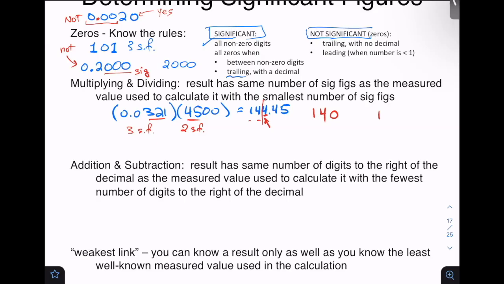But I don't write it with a decimal point, because what happens if I do? Now all of those trailing zeros are significant because there's a decimal place there. That means that this measurement is really sensitive down to plus or minus 0.01, whatever the units are, when really it's going to be plus or minus 10, because there's a lot more uncertainty in our final calculation.